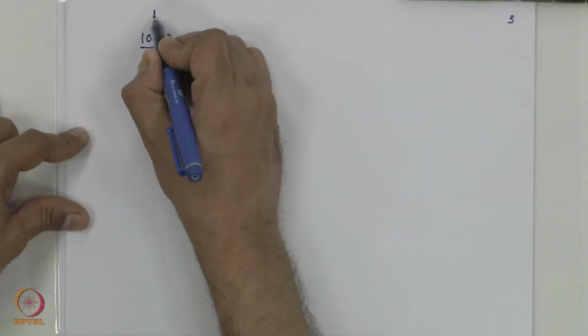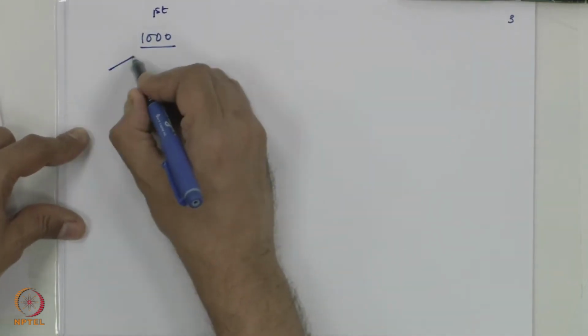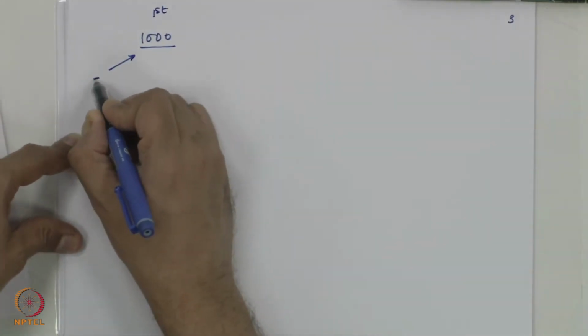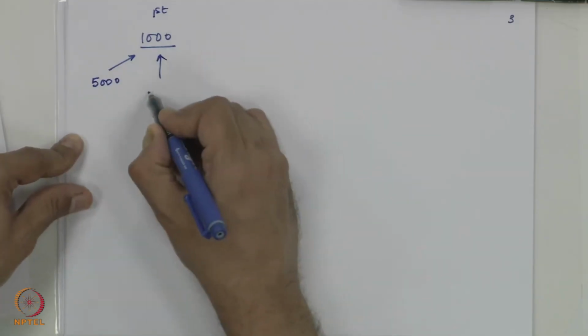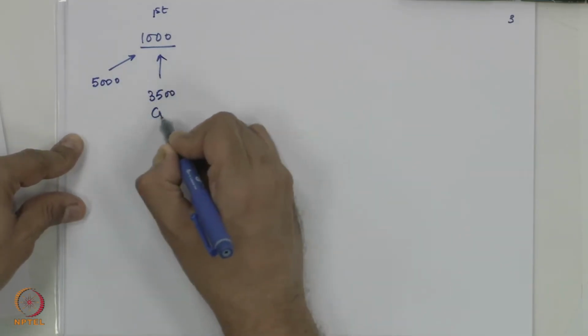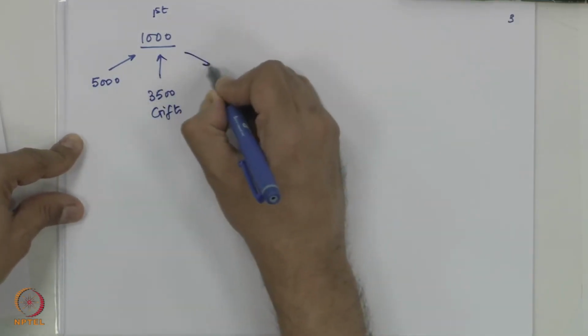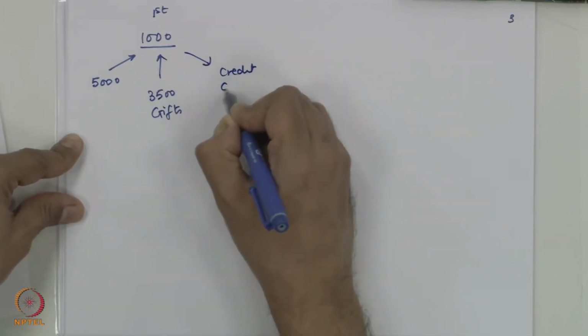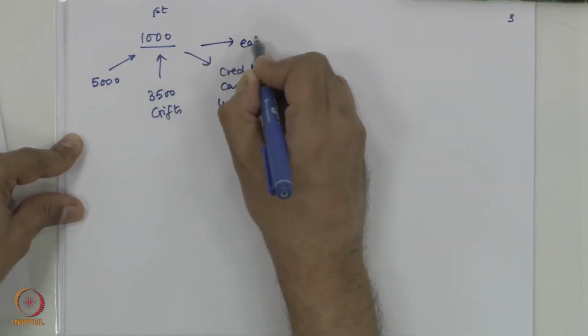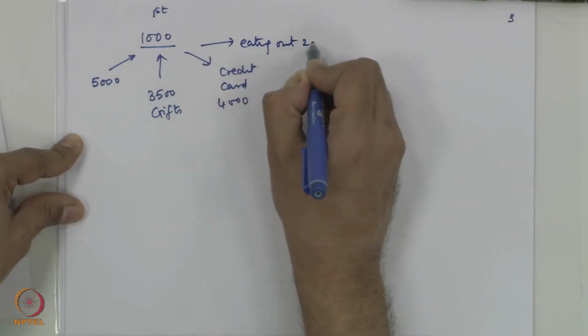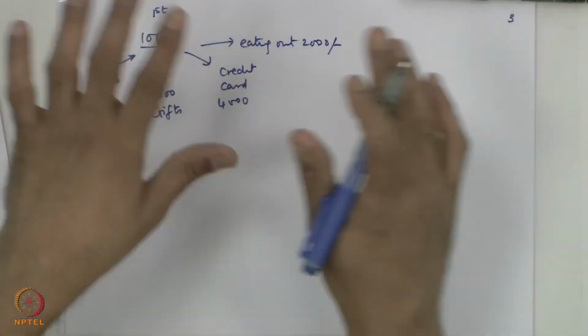It is like your savings bank account. You have 1000 rupees at the beginning of the month, then your father gives you 5000 rupees, then it's your birthday month, so you get gifts of about 3500 rupees. Then you have credit card bills of around 4000 rupees, and eating out, some 2000 rupees. At the end of the month, you do a budget.